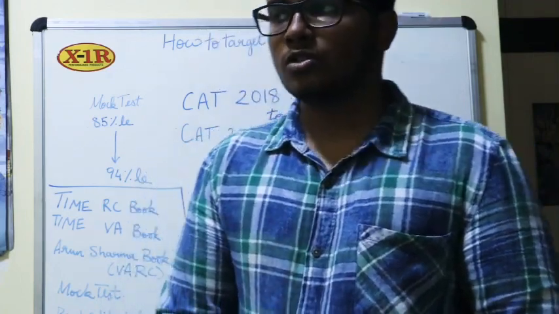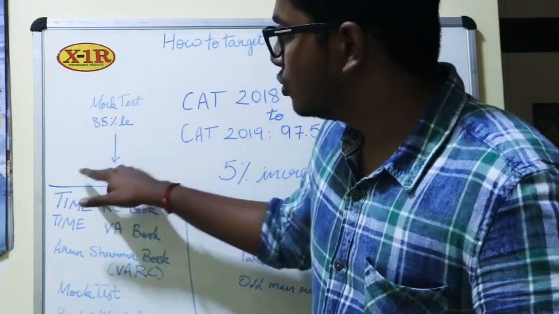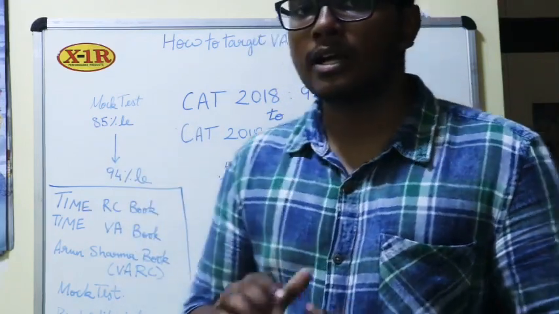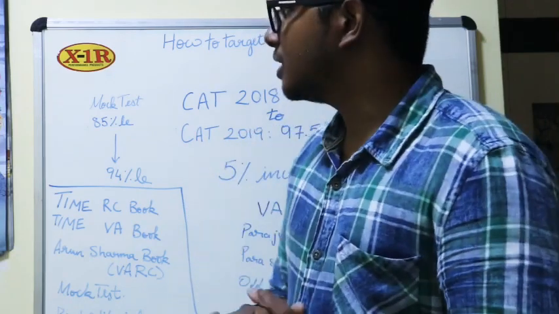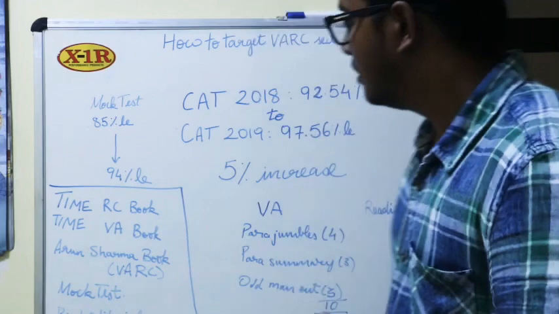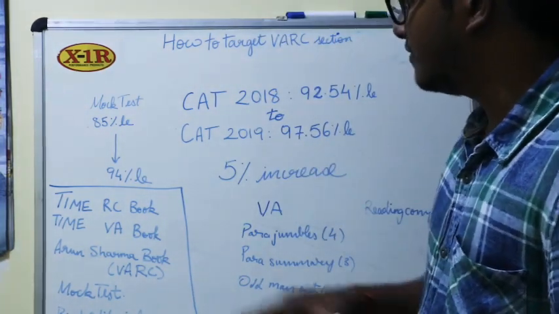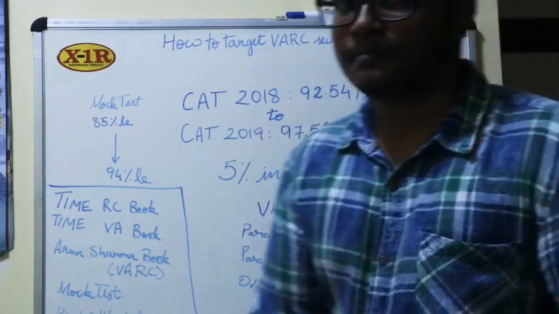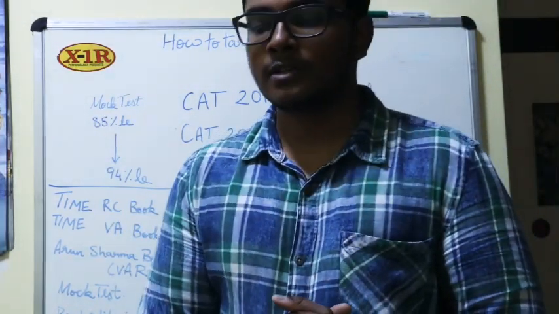So the transition from 85 percentile to 94 percentile took 30 tests. I had to write 30 tests to make that transition, and then in the actual CAT I got 97.56 percentile, which was a 5% increase from the previous year. So this is how much time it takes for you to improve in English, right?